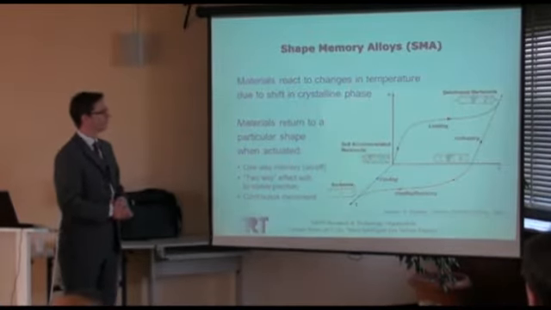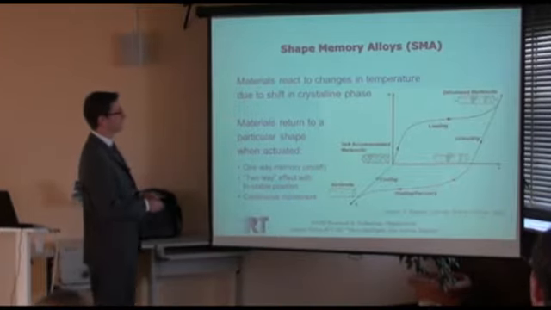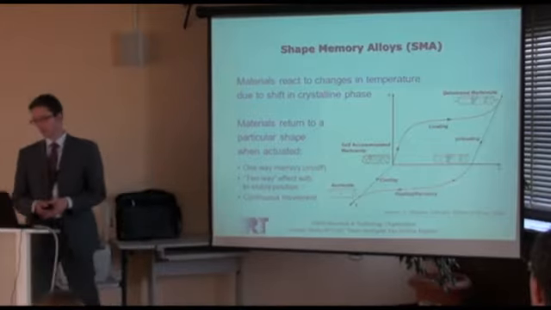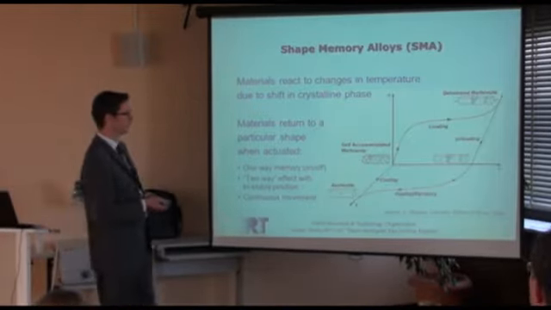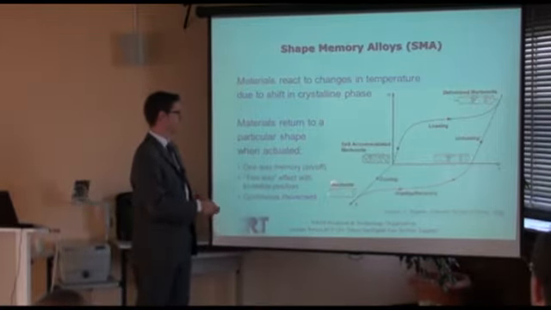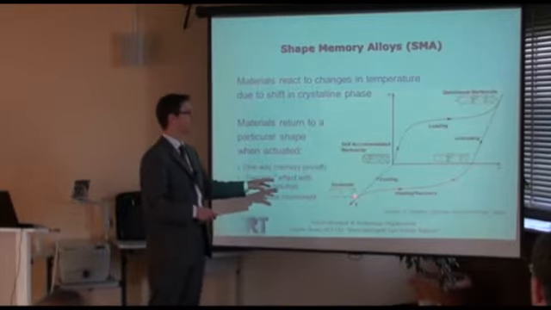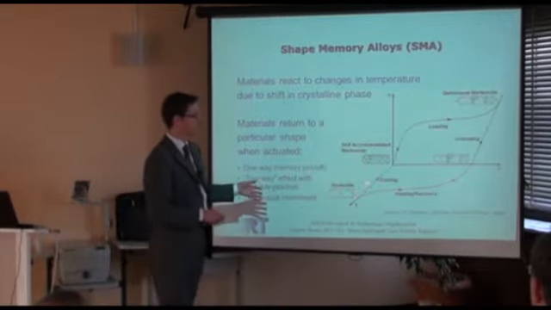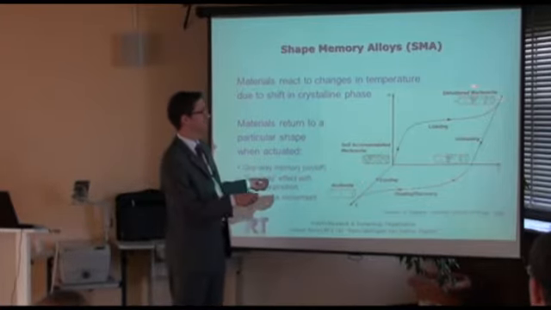Now shape memory alloys are very interesting. The mechanism of shape memory alloys is that they've got two states of material properties. The first one is an austenite representation of the material, which can be transformed by cooling, in this case, to a martensite.